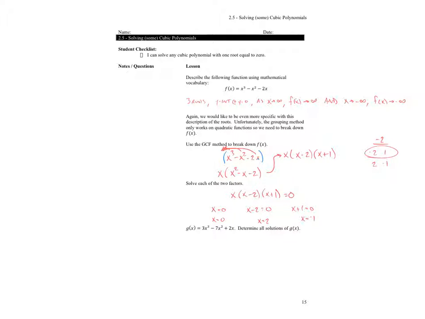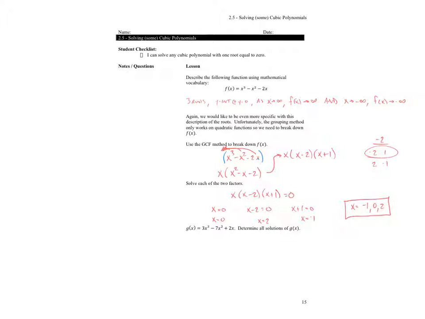No solving there at all. So our final solution would just be negative 1, 0, and 2. And that should not come as a surprise to us because this is a cubic polynomial, right? The exponent is 3, so we know that there are three roots. The lucky thing is that we were able to factor out an x, which basically told us that 0 is going to be one of those roots.